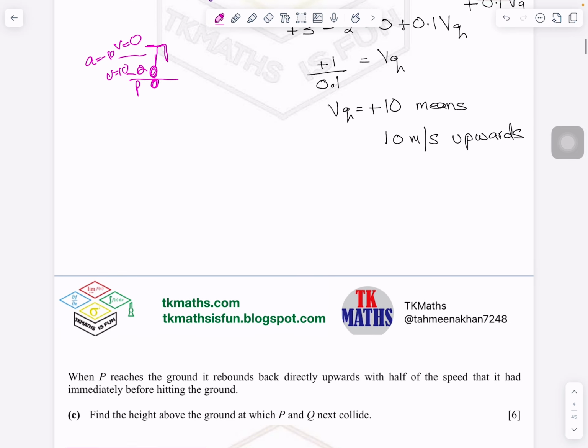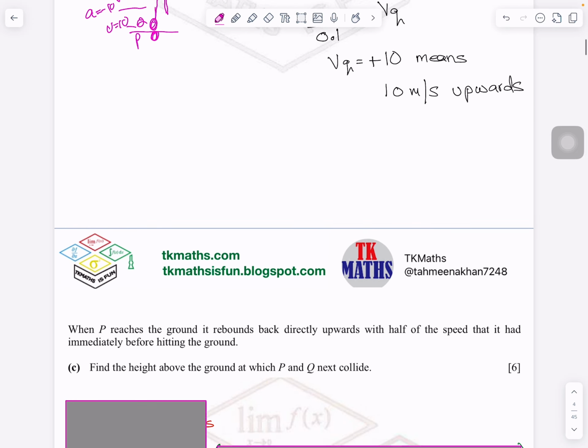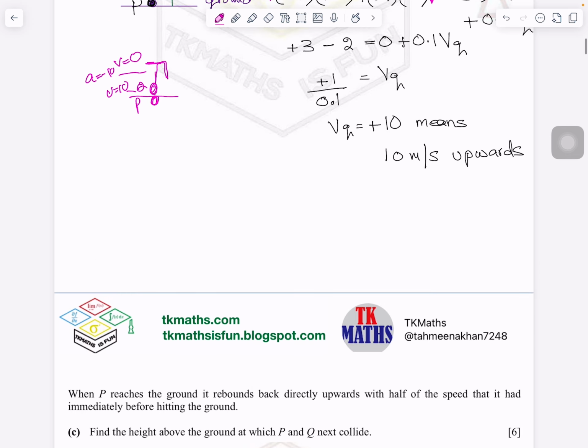Now let's see what part C is asking for. When P reaches the ground, what happened after this collision here? P was instantaneously at rest, and then it comes back, right? And this is the ground. That's why I drew the diagram in advance so that it is neat. So it comes back here and then it rebounds.